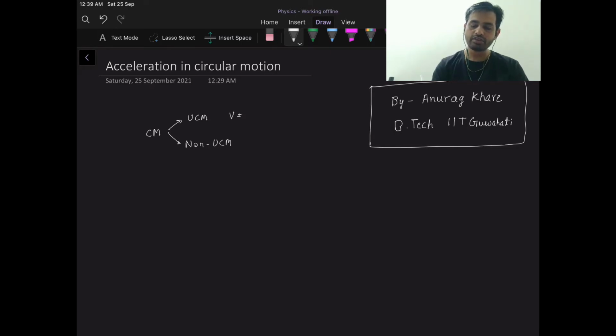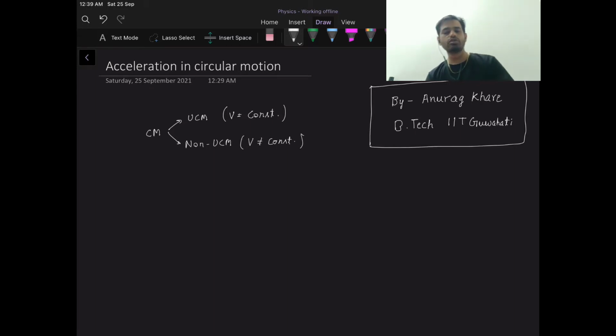The speed of the particle performing circular motion will be constant. And in case of non-uniform circular motion, the speed is not constant. The speed of the particle keeps on changing.